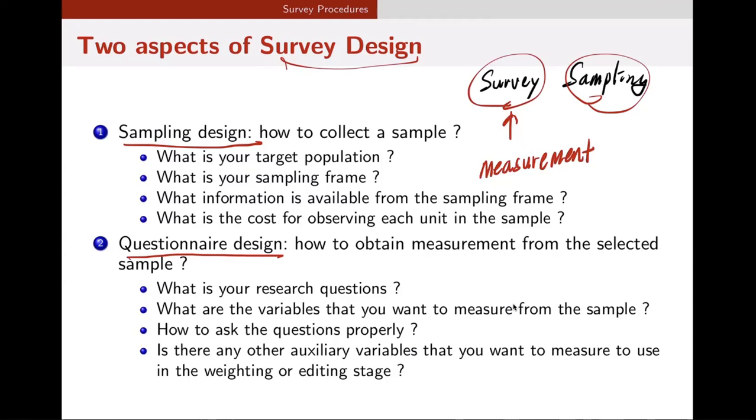This is more like a domain-specific concept that you want to measure. And then to measure accurately, you need to develop the right questions. You should ask the right questions to get a good answer, right? So this is questionnaire design, and sampling is more like statistics, right?